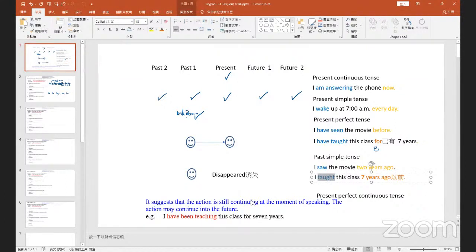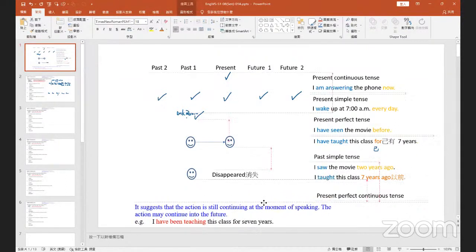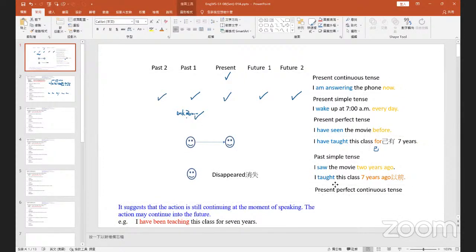Now, there is another kind of present tense. 4 different kinds of present tense. We have present continuous tense, for something that happens right now only. We have present simple tense, for something that always happens.